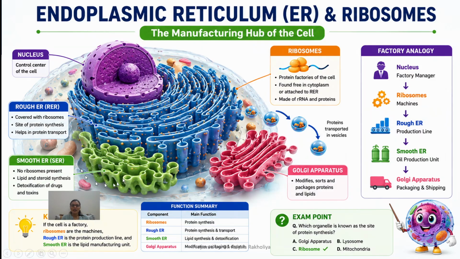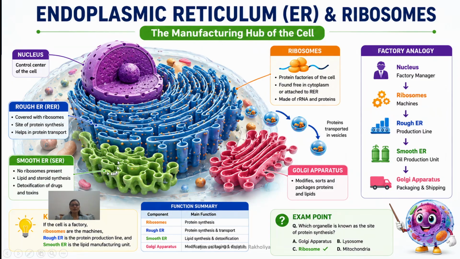If ribosomes are absent, we call it smooth endoplasmic reticulum. Both ER types have different functions. For example, rough endoplasmic reticulum solely performs tasks like protein synthesis. It is the site for protein synthesis and helps in protein transportation.